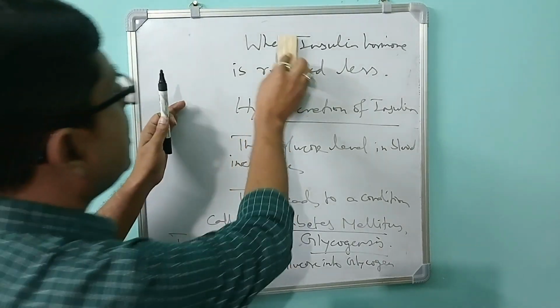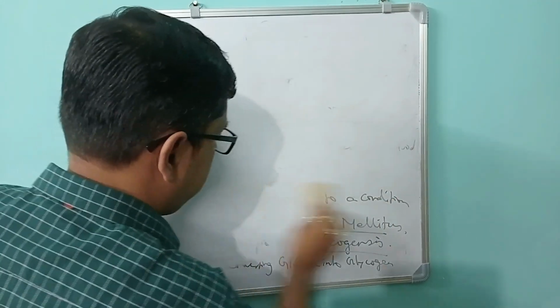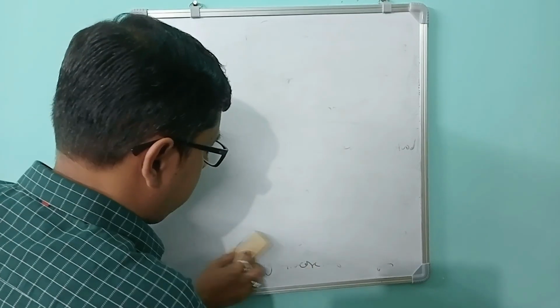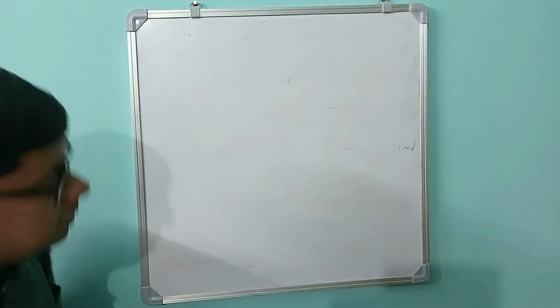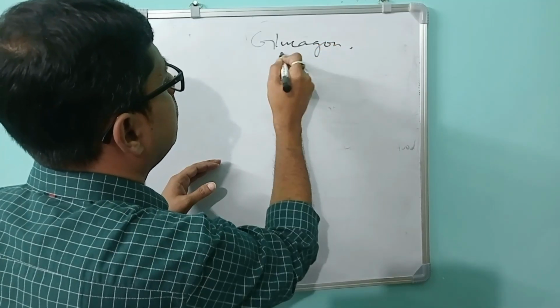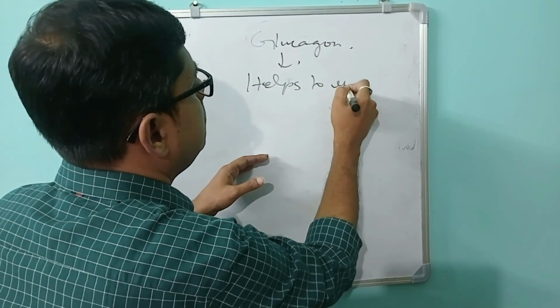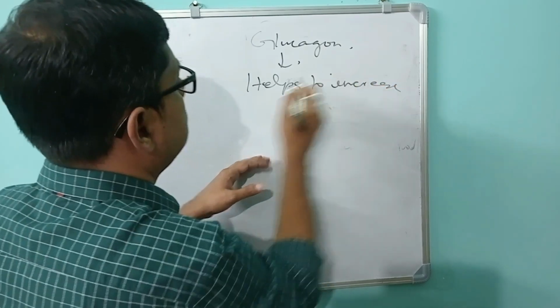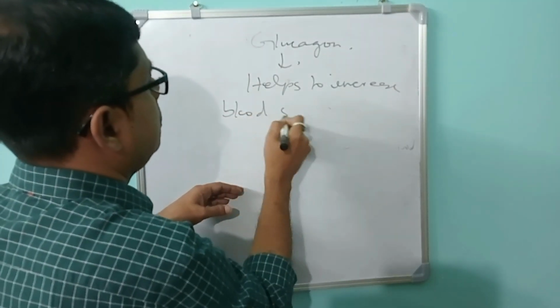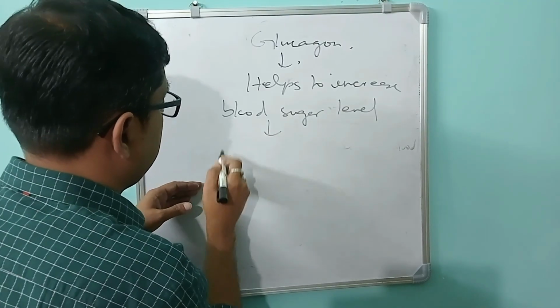And what about glucagon? Glucagon helps to increase blood sugar level. How?